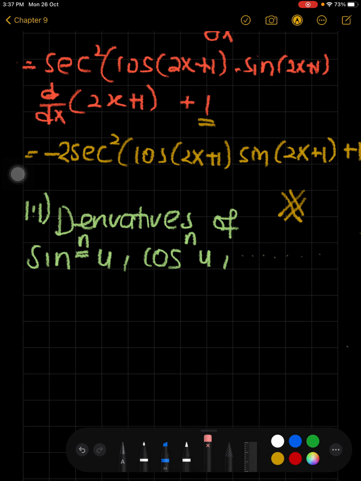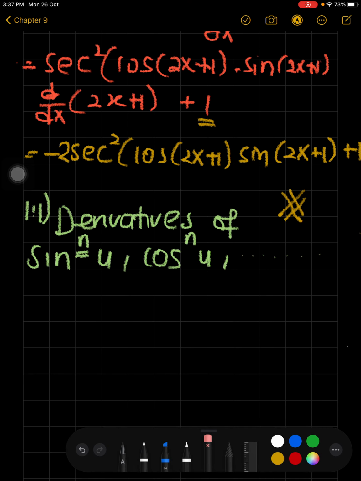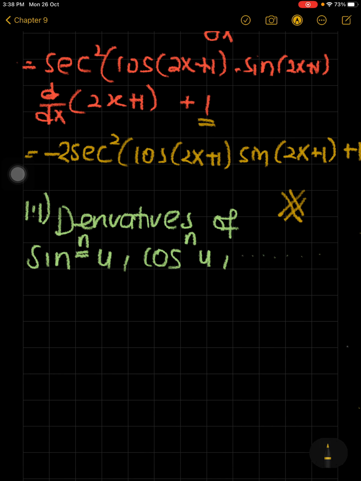Okay, kita pergi dia punya ni dulu. Contoh lah, saya bagi contoh. Yang ni you kena ingat sendiri lah. Okay, d dx sin n u. So bila you differentiate ni, N tu bawa kat depan, macam kita belajar differentiate.